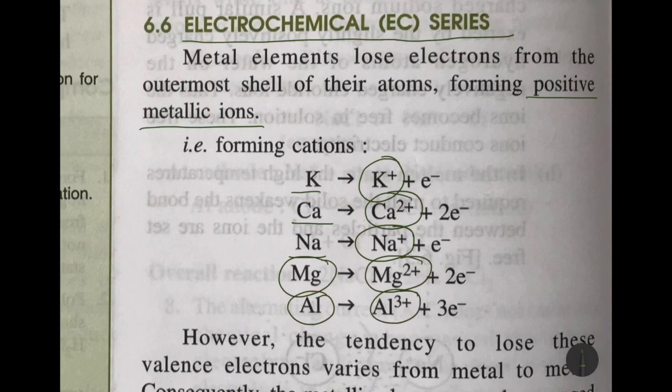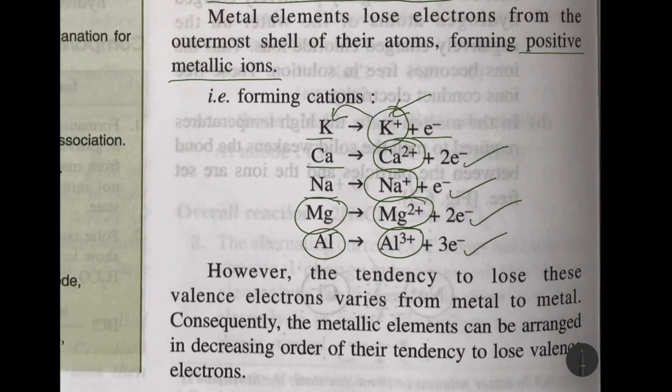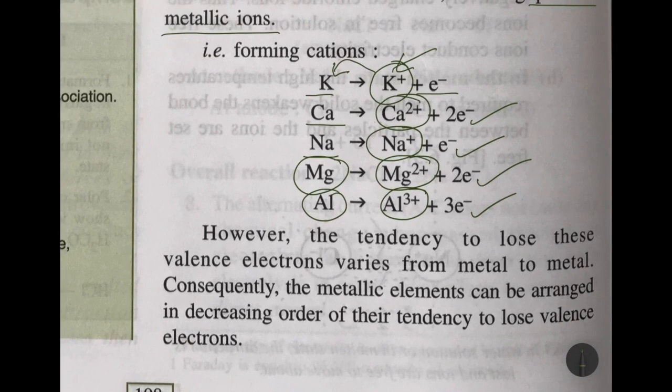So to turn these ions back into the atomic form, how many electrons must be gained? Here 1 electron, here 2, here 1, here 2, here 3 accordingly. However, the tendency to lose these valence electrons varies from metal to metal.